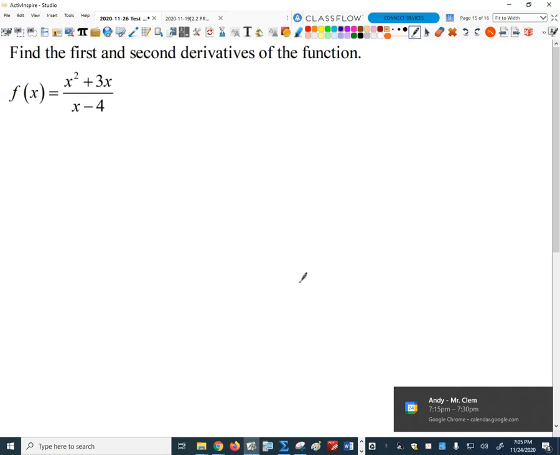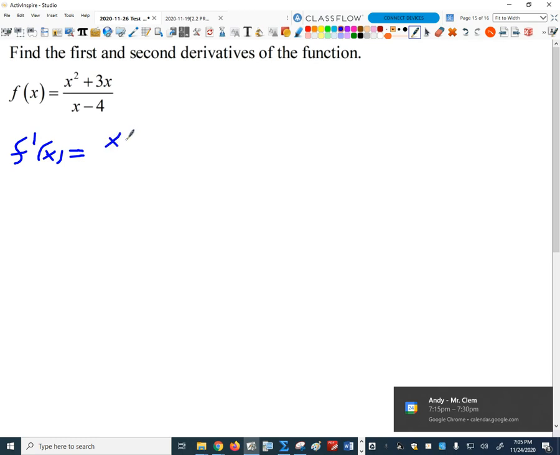First and second derivatives of the function. Okay. So for f prime, we've got a quotient rule problem here.